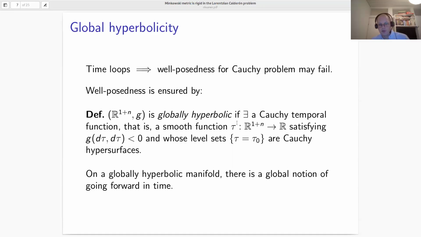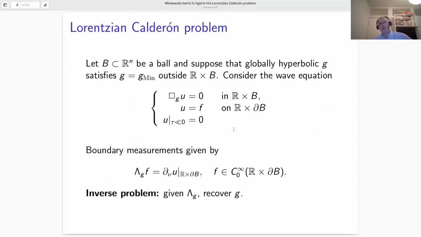This tau here should then be viewed as the time coordinate, if you want. It gives a global notion of time. And now with this, I can formulate what I call the Lorentzian Calderón problem. This is now, in my opinion, the right analog of the Riemannian Calderón problem. I'm going to state this in a slightly specific setting.